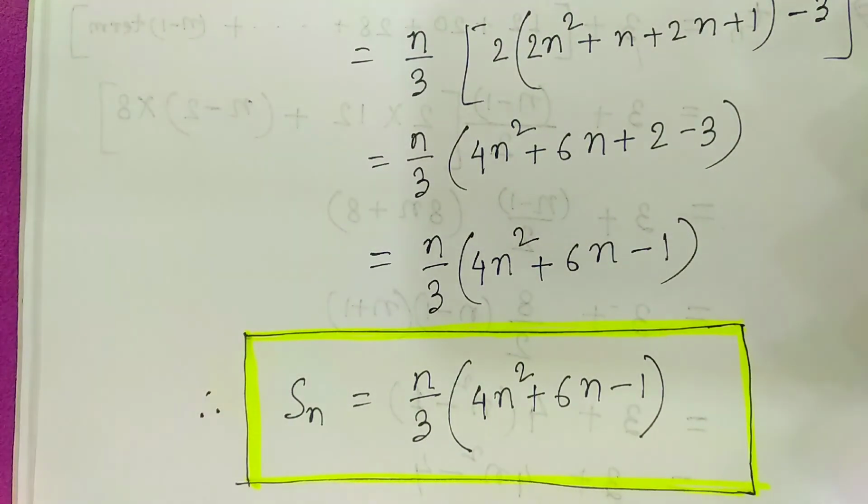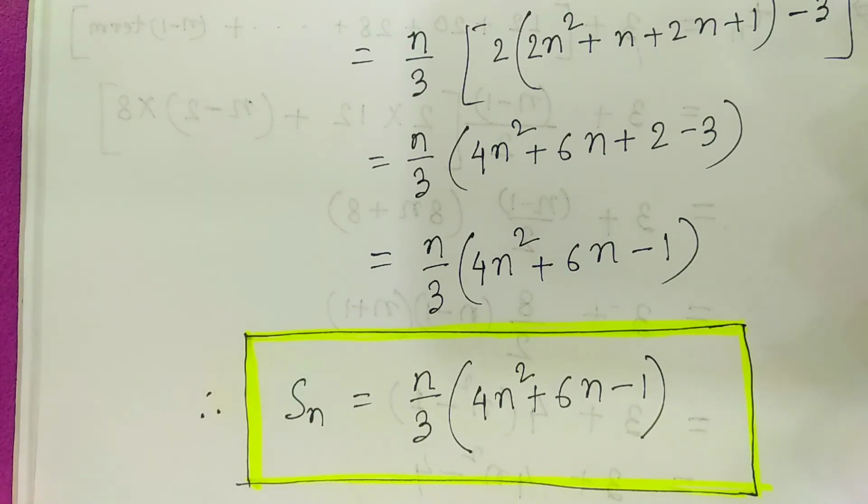So we just find Tn at first. By hook or crook, we have to find Tn first. After getting Tn, we substitute n for 1, 2, 3 and so on, and add all those terms, so that it is the summation of Tn. That is actually your Sn.